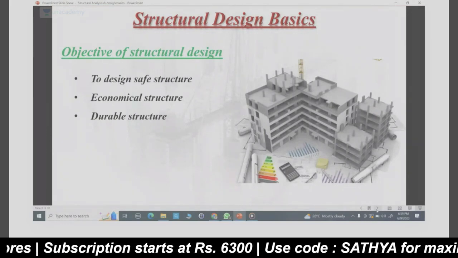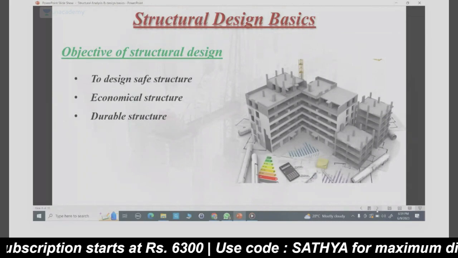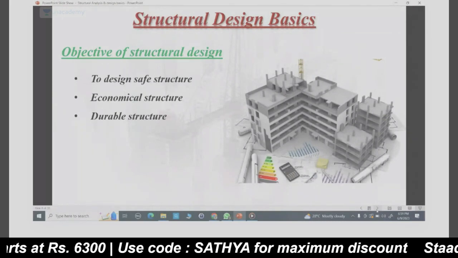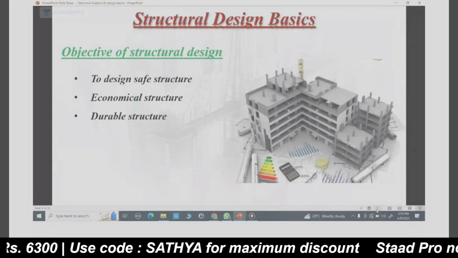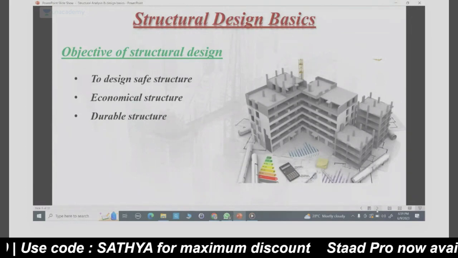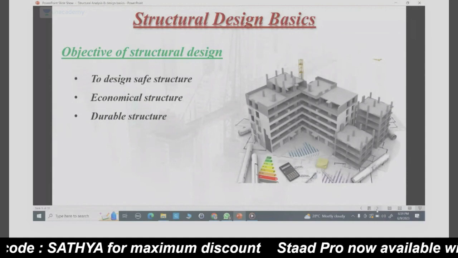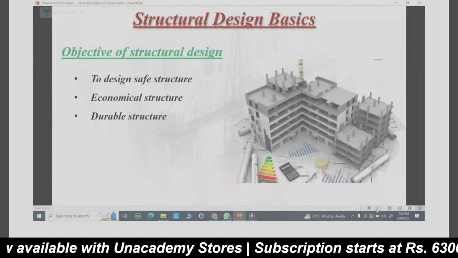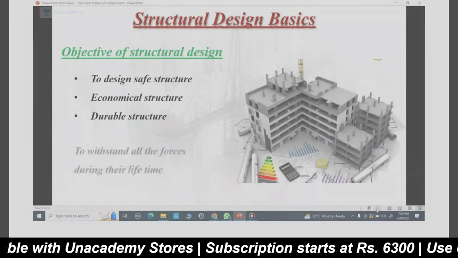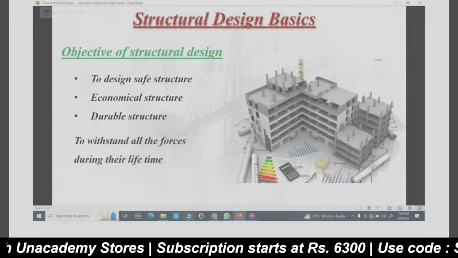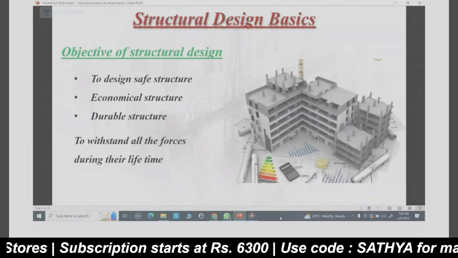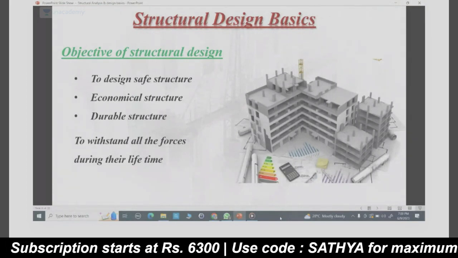The structure has to withstand the loads which come on it during its intended lifetime without any damage or collapse of the structure. So it has to withstand all the forces during its lifetime.